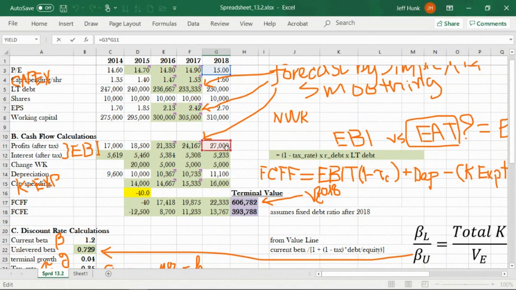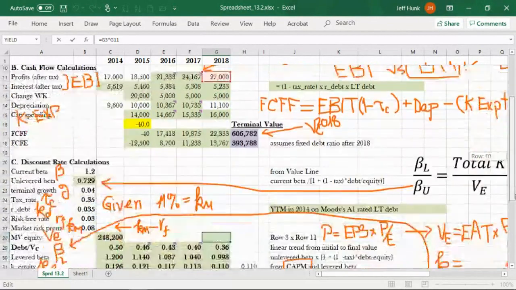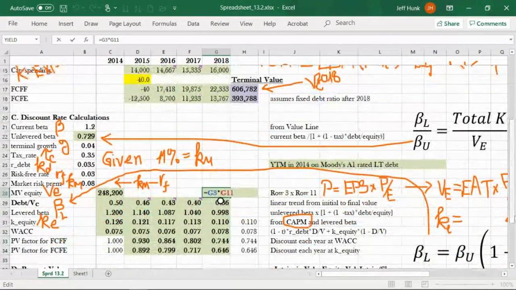So if it is 27,000, that's actually 27 million, right? Cash. If it is Honda Motors, it would be more like 27 million. Anyway, so our market value of equity, for the first and the last year, we got it like that.